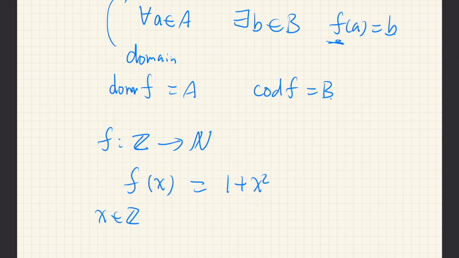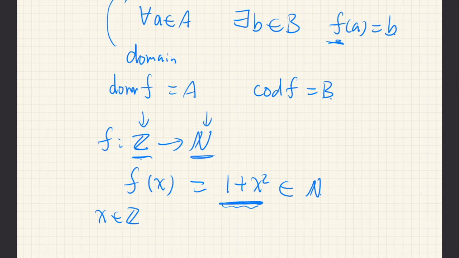So if you add 1 to that natural number, it is still a natural number. So indeed, this output value is a natural number. So in this way, for every integer, we assign this value, 1 plus x squared. So this defines a function or a map between integers and natural numbers. And in this case, the domain is the set of integers, and the codomain is the set of natural numbers.